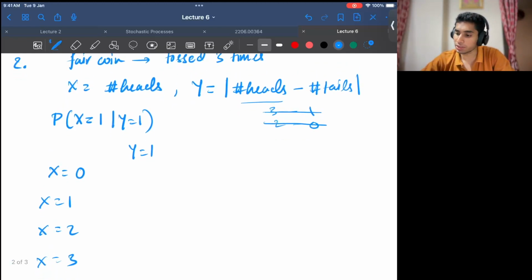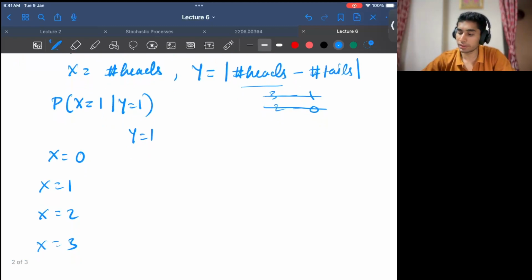So just convince yourself that y cannot be equal to 2. It can be equal to 1, or the other possibility is that y is equal to 3, when every time you get either head or tail, then the difference is 3, because it will be 3 minus 0, or 0 minus 3. Only then it can be equal to 3.